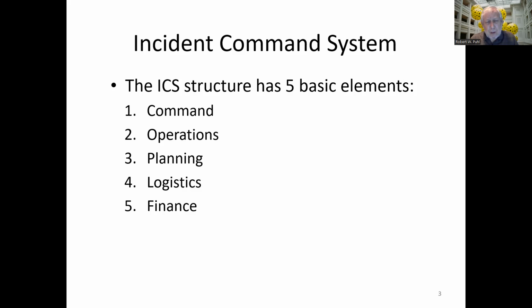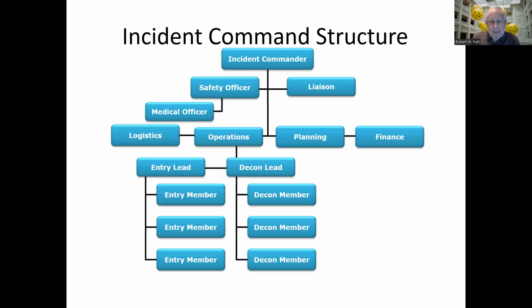Now, that's not too much different from a company. Most companies have the same kind of structure: command or management, operations, the people that get everything done, planning, maybe that's part of the logistics, and certainly finance. But it's a little stricter in an incident command system. That's kind of the structure of it.